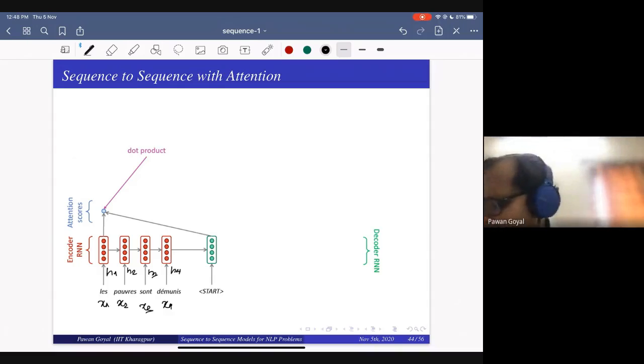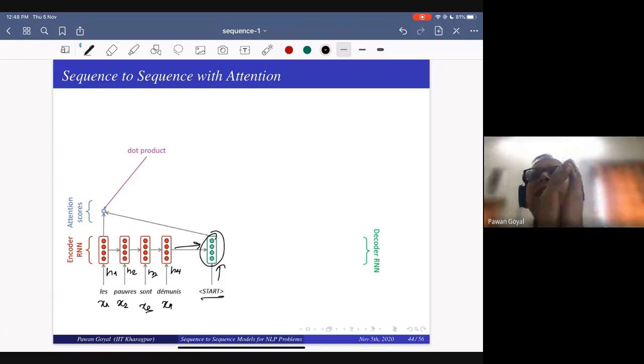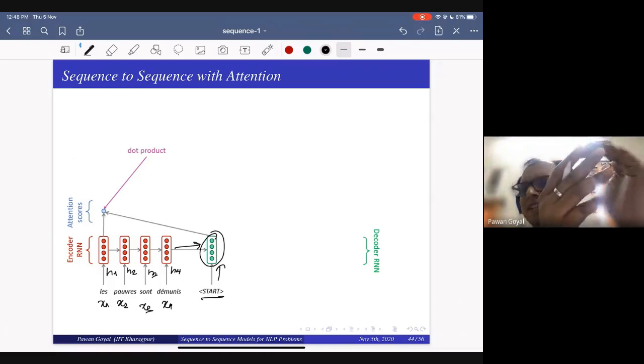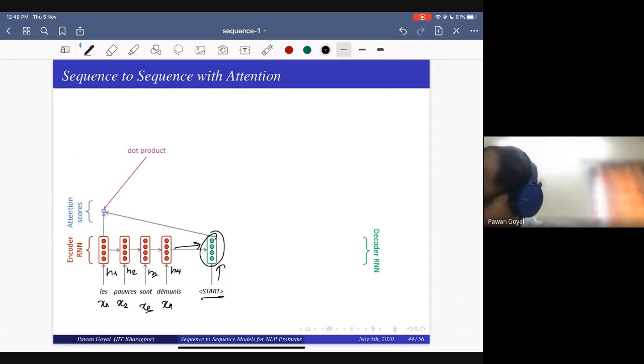And now I'm trying to decode, right? So at the start, I have generated a hidden state. Now what happens in attention? I say, okay, how close is this hidden state to any of the hidden states in my input? Something like, how close is this h1 prime to h1?